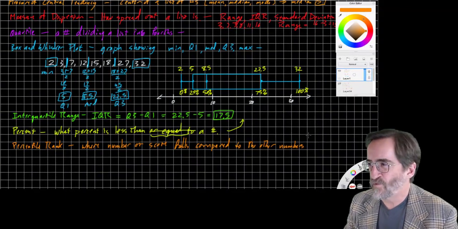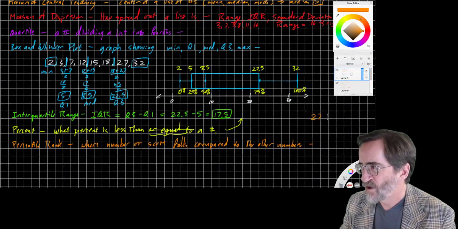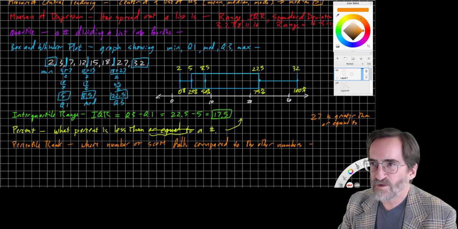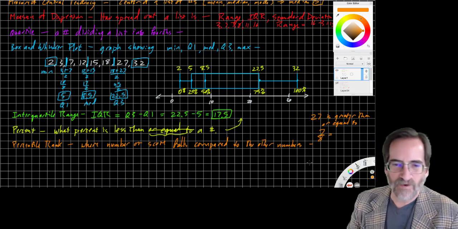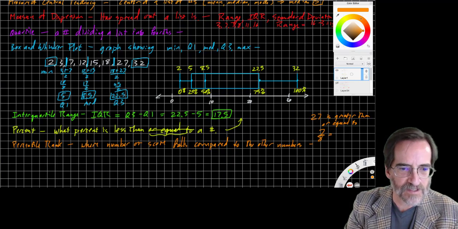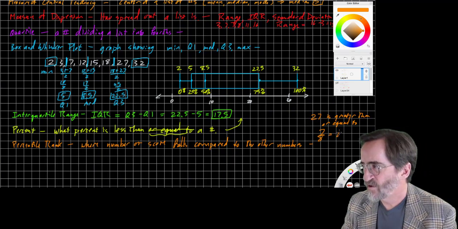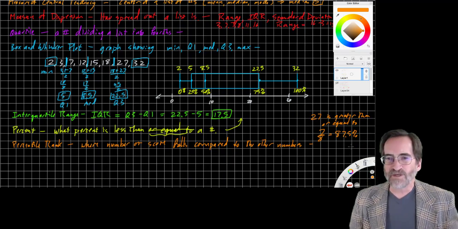So the number 27 in our list is greater than or equal to 7 out of 8 numbers. 7 out of 8 is a decimal, 87.5%. So its percentile rank is 87.5.